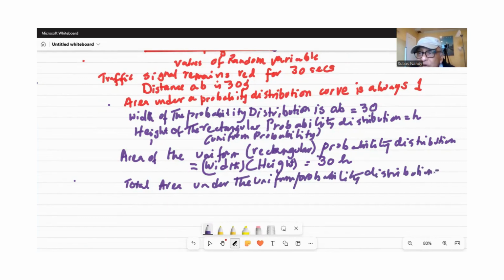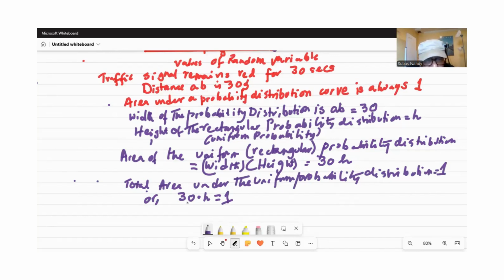We all know that because the sum of the probabilities is 1. In other words, the total area, 30 times h, is equal to 1. The total area under the probability density curve is 1.